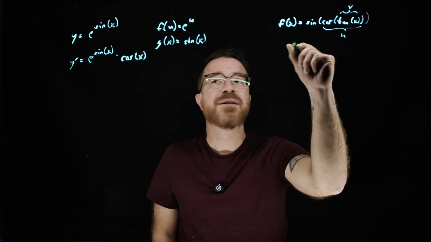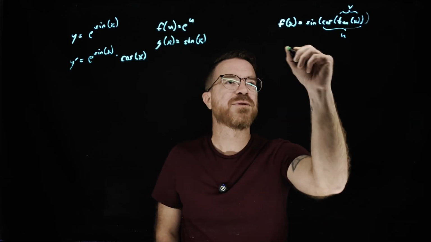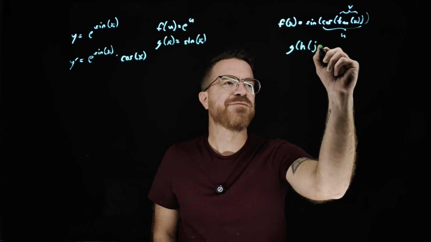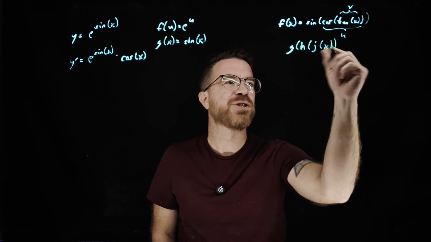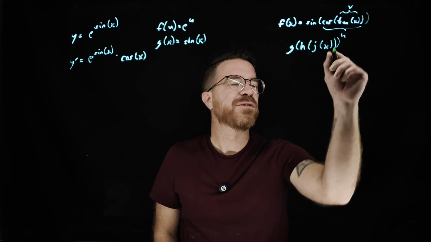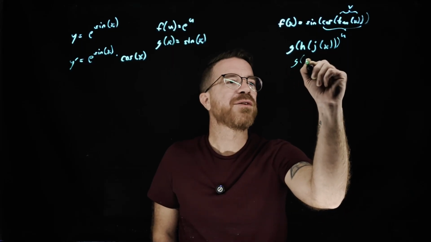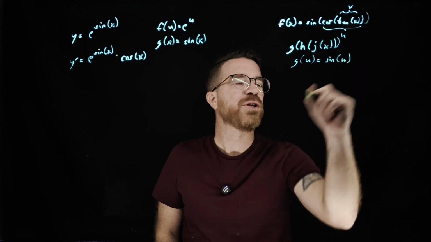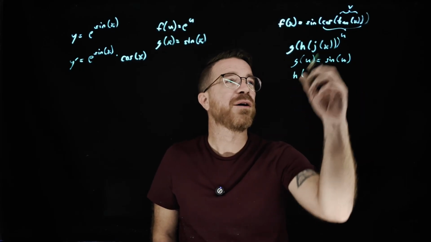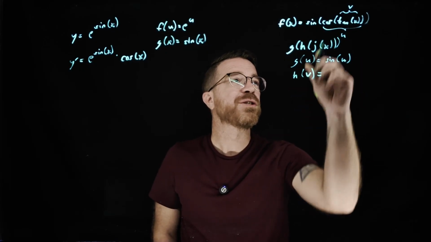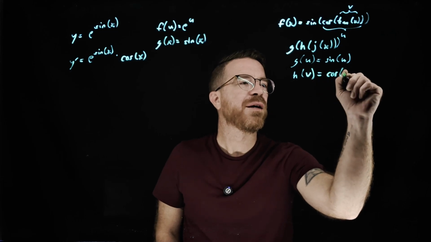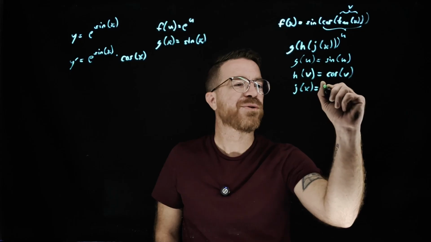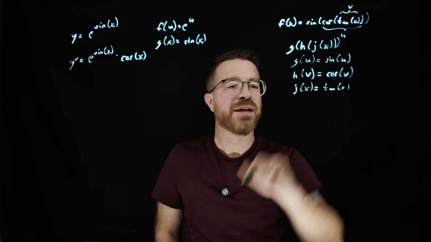So if I look at g of h of j of x, because we're just doing a higher order chain, then my g of u is going to be sine of u. My h of v is going to be cosine of v, and my j of x is going to be this internal term, tangent of x.